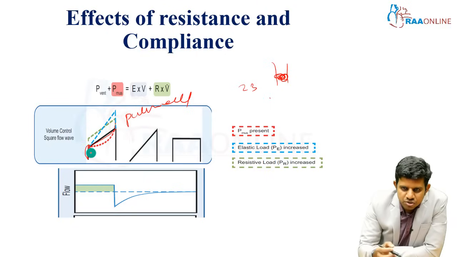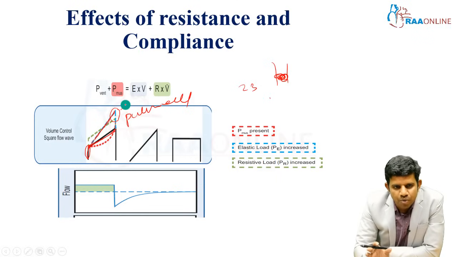Once the alveoli start filling, because of the pulmonary edema, elastic pressure is high. The pressure becomes higher than normal. Normally it should be like that, but now it's increased because of the elastance. Interestingly, with both high elastance, poor compliance, and high resistance, my peak pressures are high.